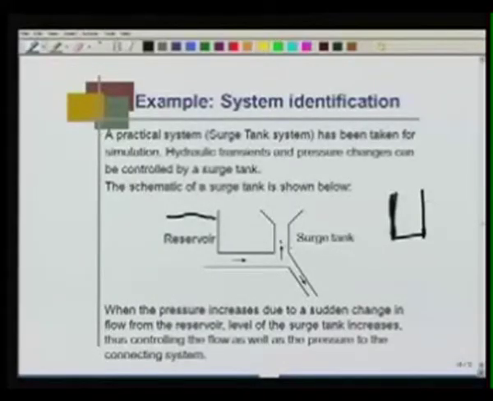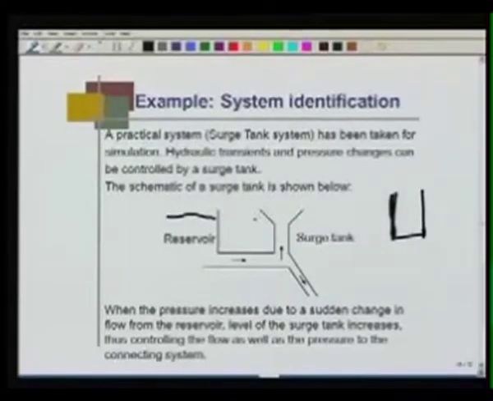But if the surge tank has a nonlinear structure, then given the specific flow into the surge tank, the water level in the surge tank and the flow rate into the surge tank bear a nonlinear relationship.